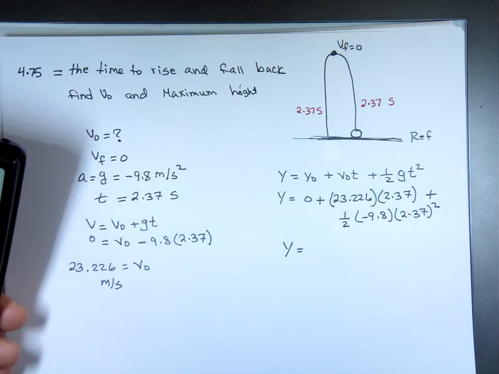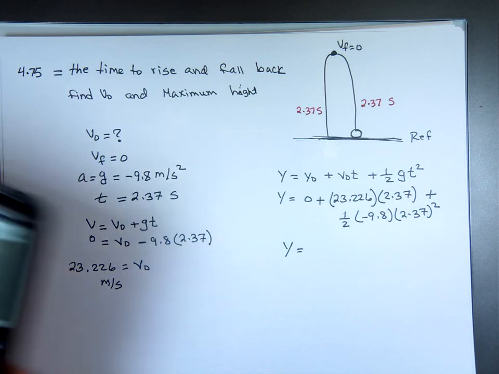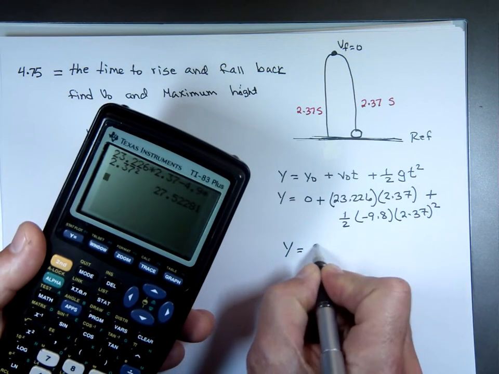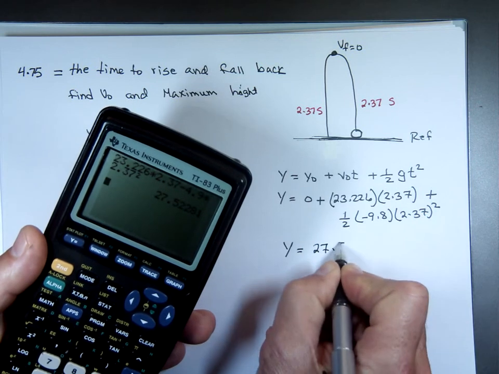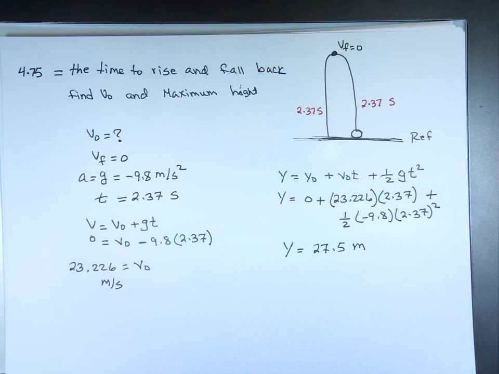So 23.226 times 2.37 minus 4.9 times 2.37 squared. I got, if I push the right button, 27.5 meters. That's how high it's going to go.